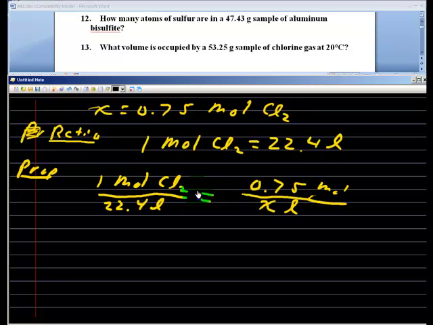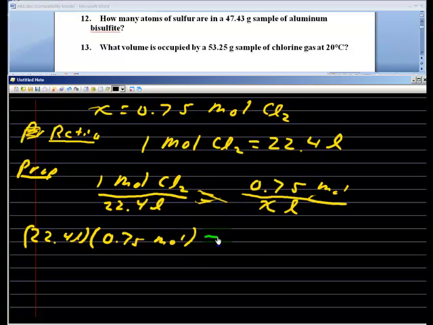If you cross multiply, you wind up with 22.4 liters times 0.75 moles. It's right here.